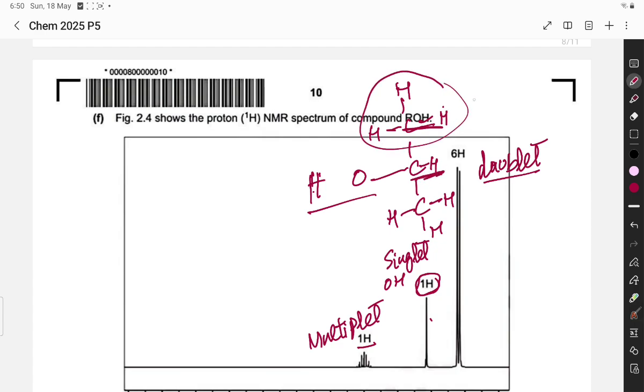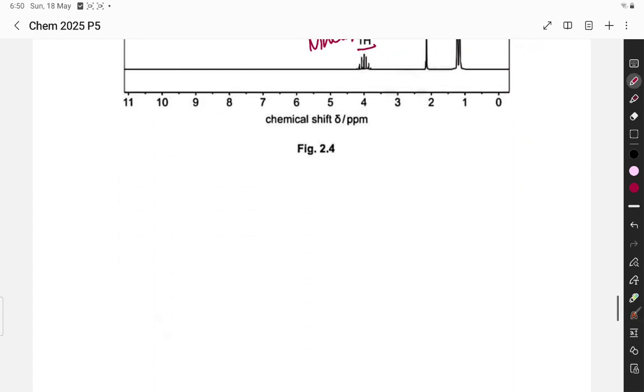This is 3 hydrogen and this is 3 hydrogen, so 6 hydrogen are responsible for this doublet peak, and this CH with one hydrogen is responsible for the multiplet peak.